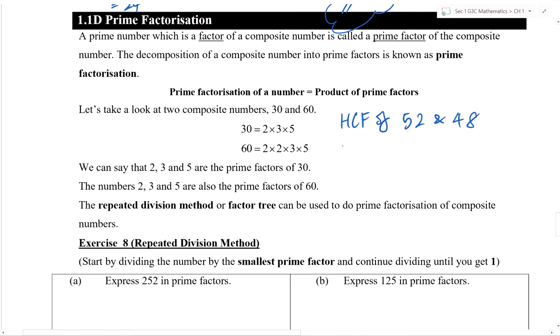List it out. Okay, good. So factors of 52 equals to 1, 2, and so on. Factors of 48 equals to 1, 2, and so on. And then you find the highest common one. That was how you did it.